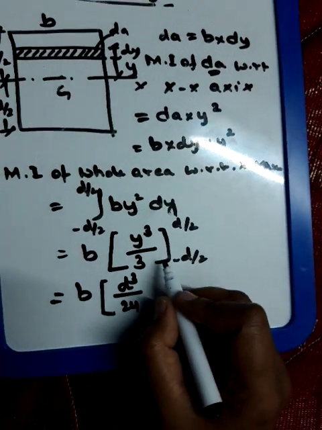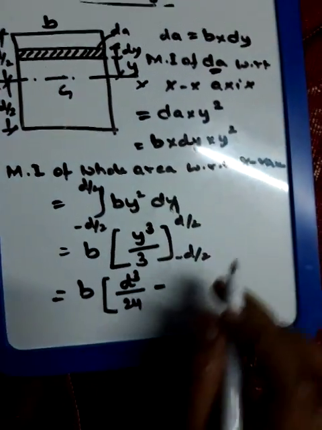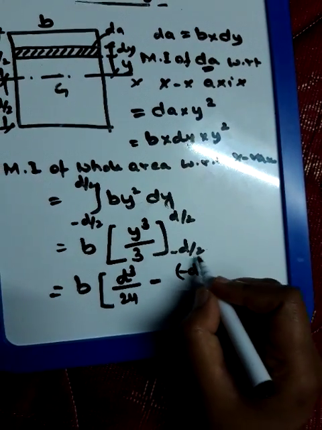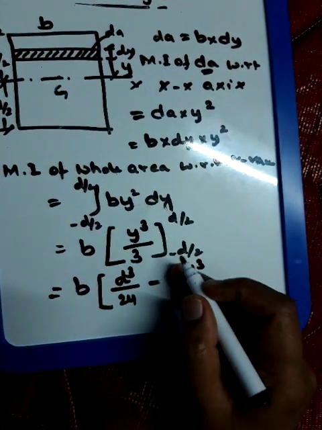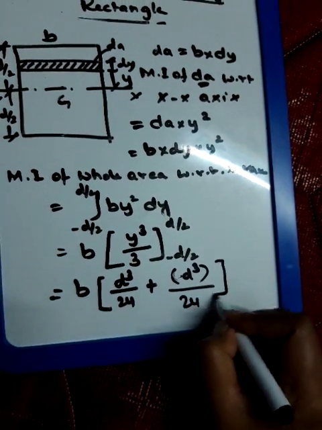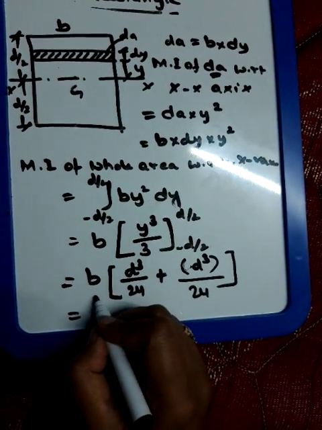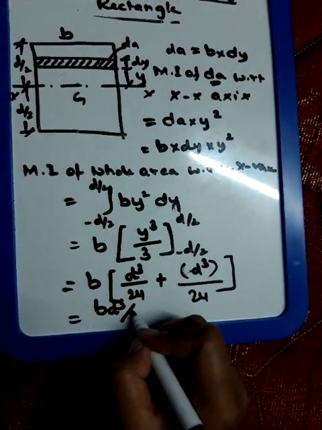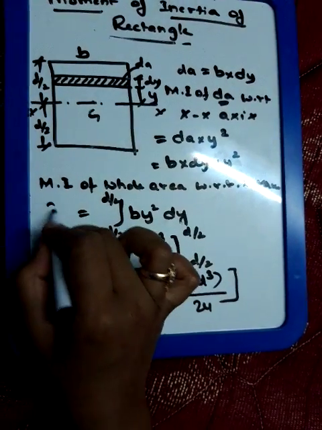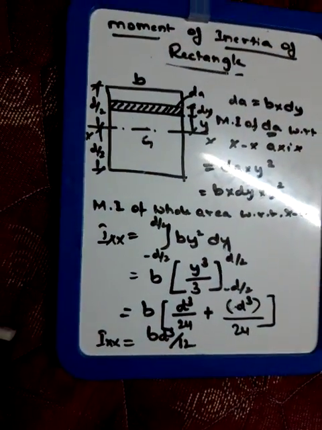And minus of the lower limit, which is minus d by 2, so minus into minus is plus, divided by 24. So you will be getting b d cube divided by 12. That is with respect to the x axis, so it is Ix.